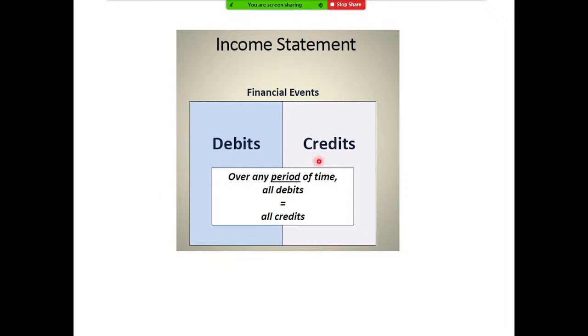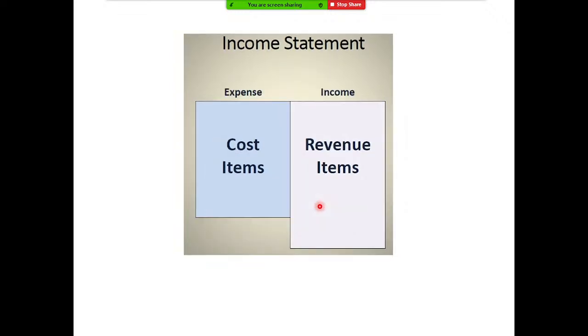Here, when you look at the income statement, debit equals credit. At any point of time, all debits equal credits. In the situation where expense is lower than revenue, this portion is called what? This portion is equal to profit.